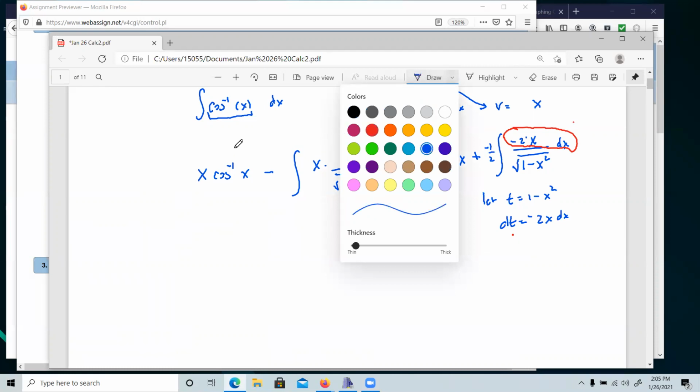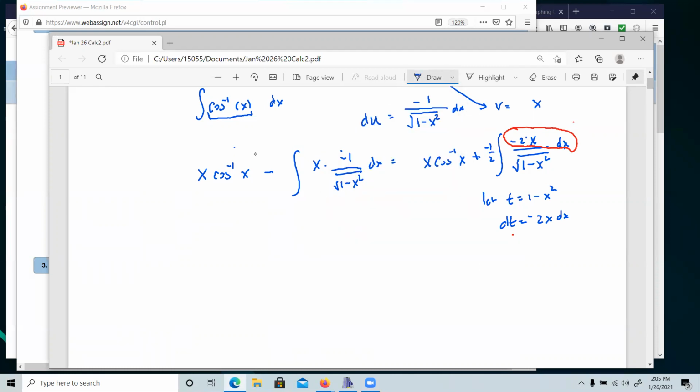So my answer here is x cosine inverse x, and then we've got this deal. This is eventually going to be a -1/2 times the integral. Now, what do we have here? We have t to the -1/2, that's what 1 over the square root looks like, and then we just have dt.